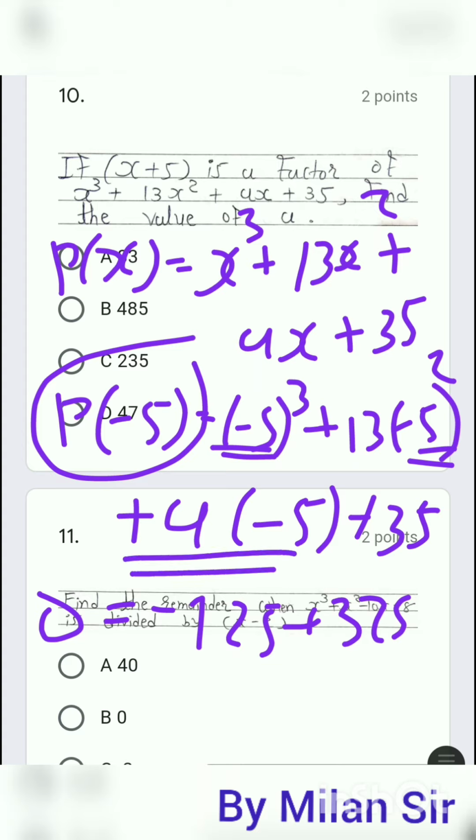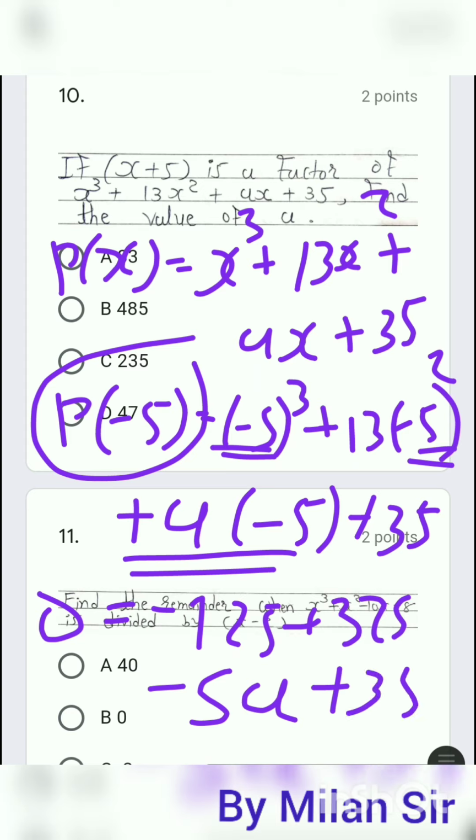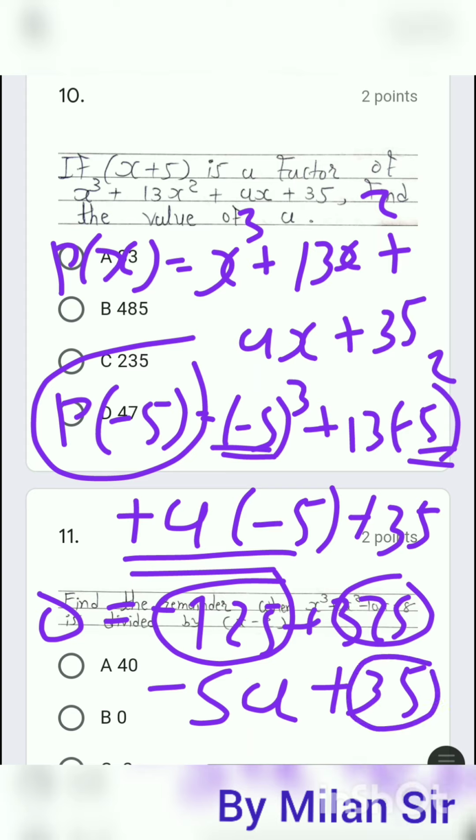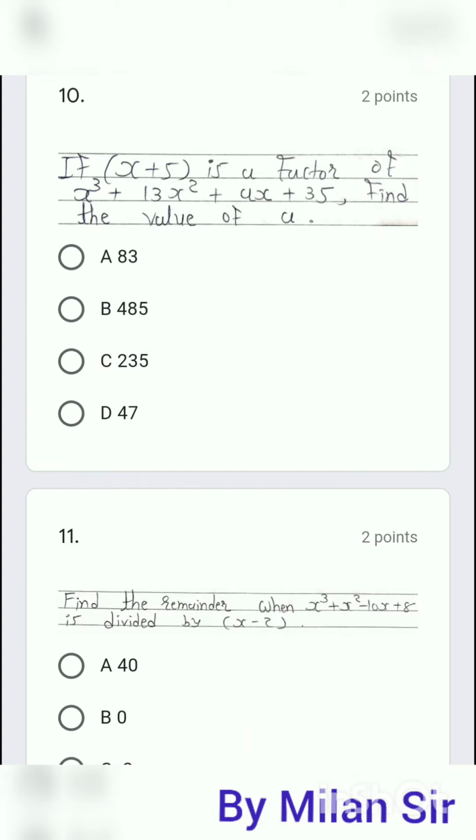Now here plus minus 5a and plus 35. Now 325 minus 125 is 200, right? And 200 plus 35 is 235. So 0 is equal to minus 5a plus 235.